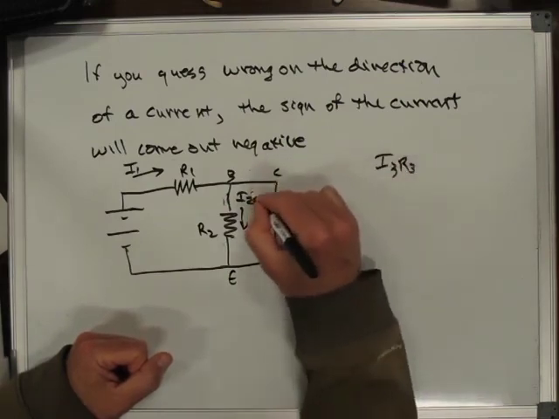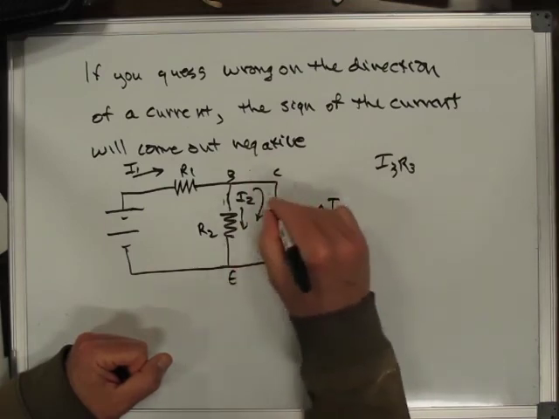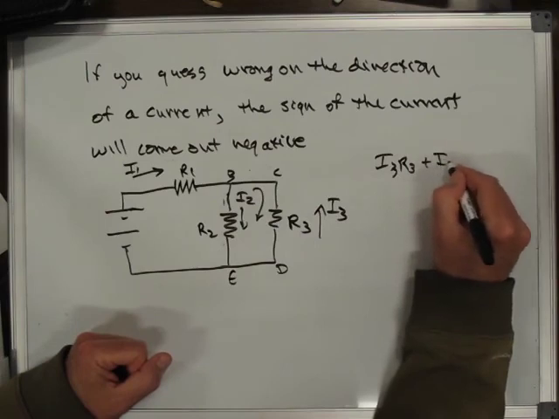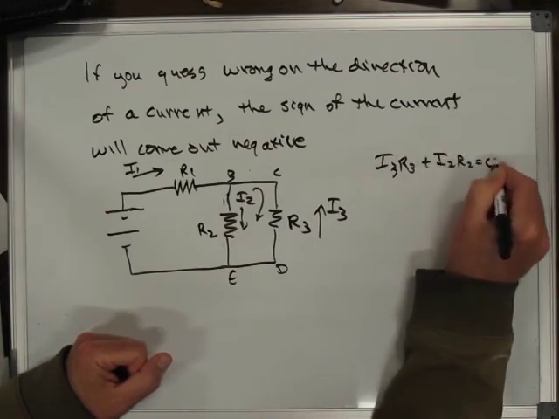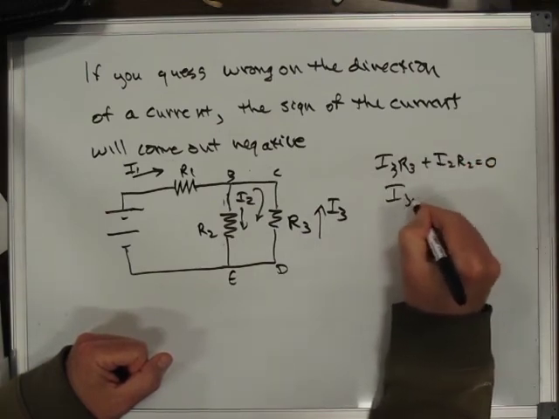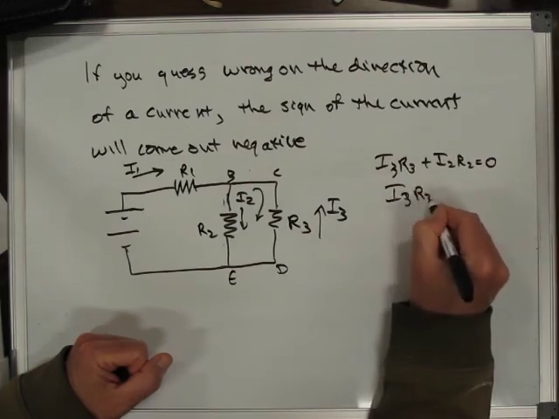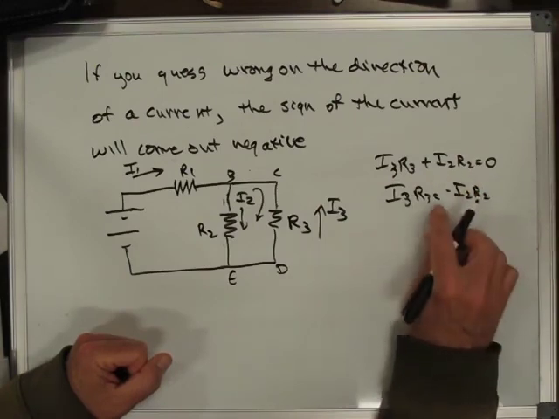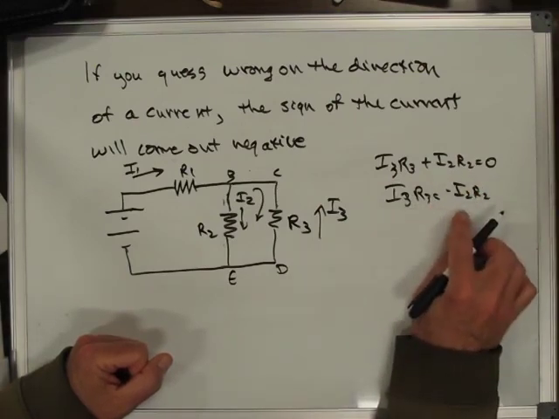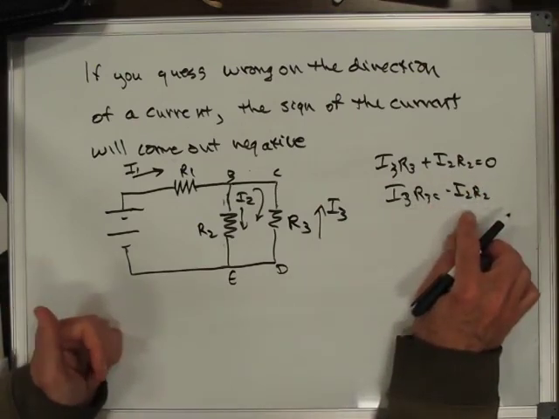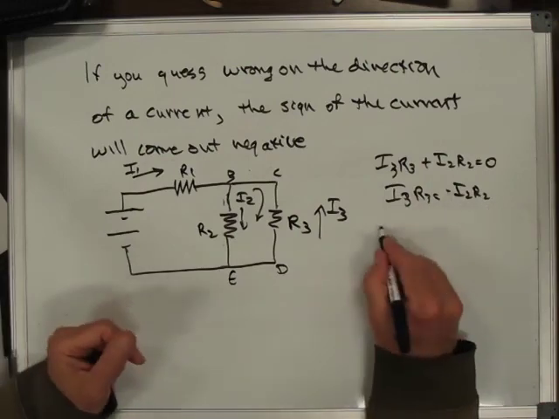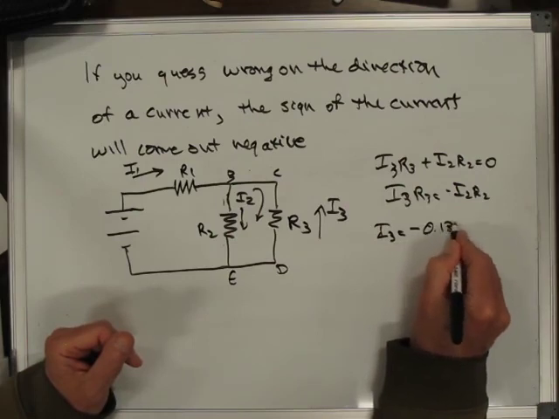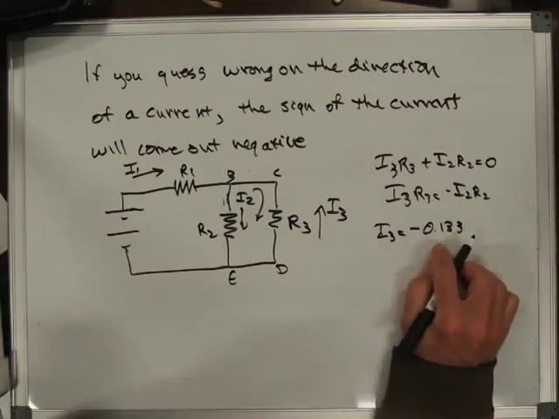Because if we go around the loop in this direction, we'd be going against the current on this one and against the current on this one, plus I2 R2 equals 0, or I3 R3 equals minus I2 R2, rather than I3 R3 equals plus I2 R2 like we got on the last example. What you'll end up with is I3 equals minus 0.133 instead of I3 equals plus.